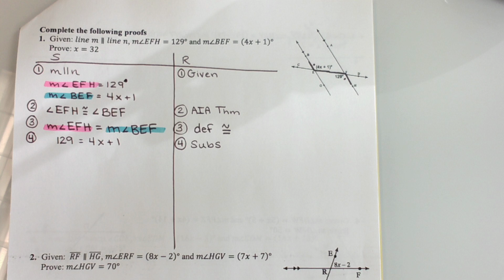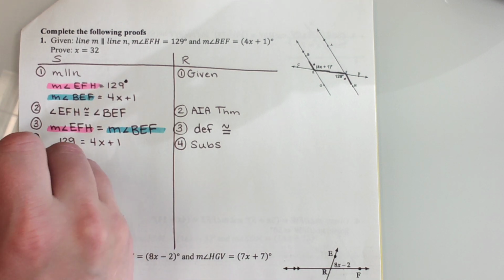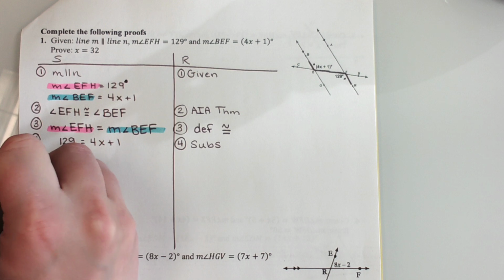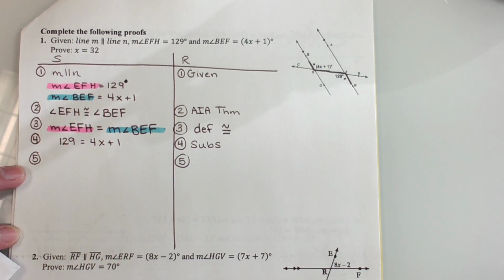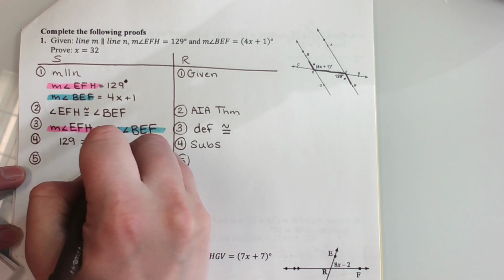Okay. So I'm gonna do a little bit of algebra. Jackson, what's step 5? Subtract. Subtract what? The 1.